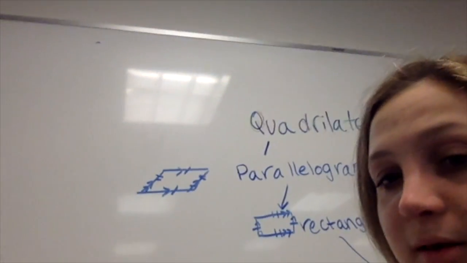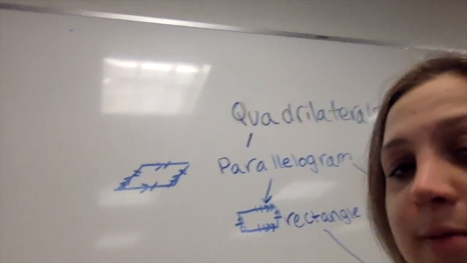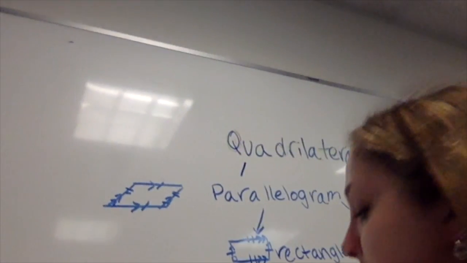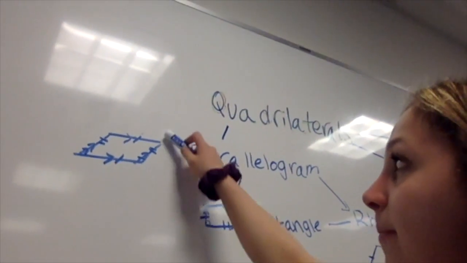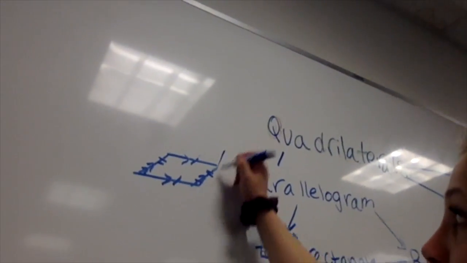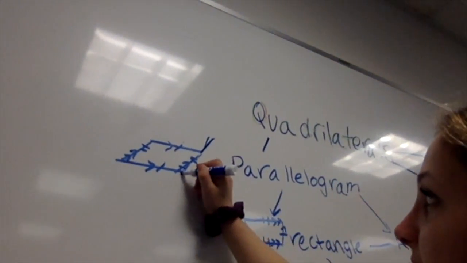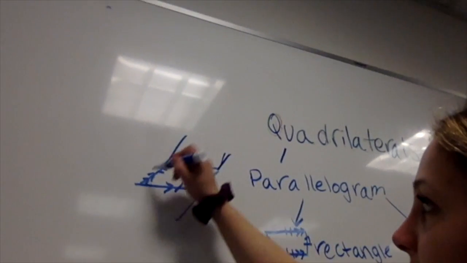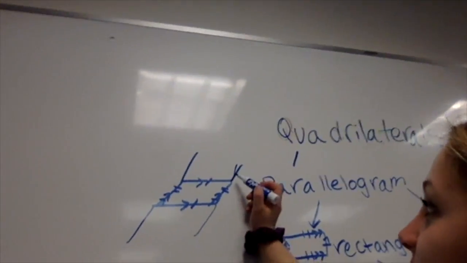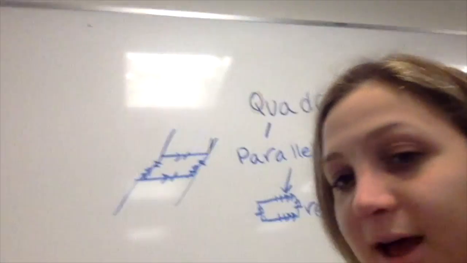We know that these sides are parallel to each other because if we extended these sides up and then down, like that, but a little bit neater, we see that the lines would never intersect. That's the definition of parallel lines.